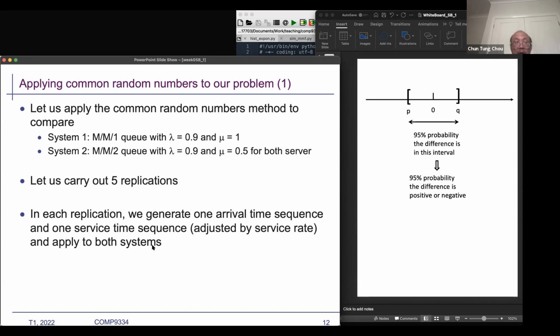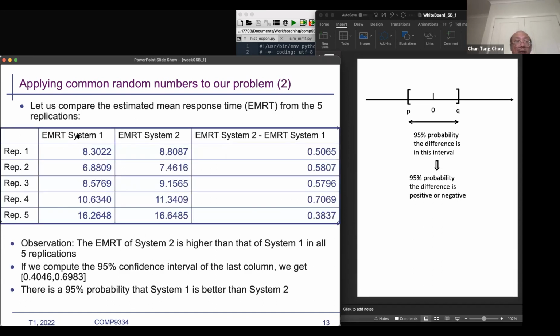Here is a table summarizing the results. Each row here is one replication of the common random numbers method. For replication 1, the estimated mean response time of system 1 is 8.3 something, and the estimated mean response time of system 2 is 8.8 something.